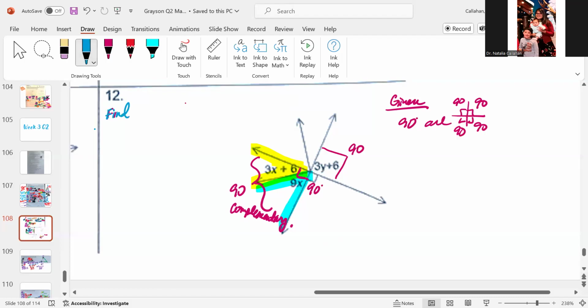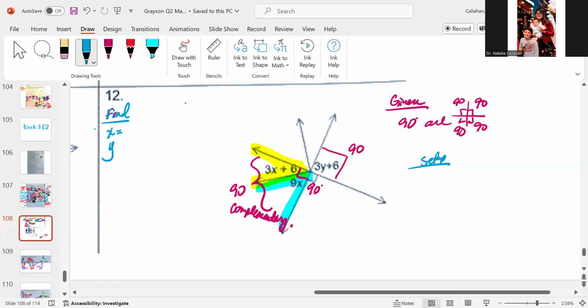X. What else? What are the angles we need to find? Also just X, that's all we have. And Y. It's not labeled with the angles, but you can just plug it in, right? All right, so what is your setup? How do you set it up?